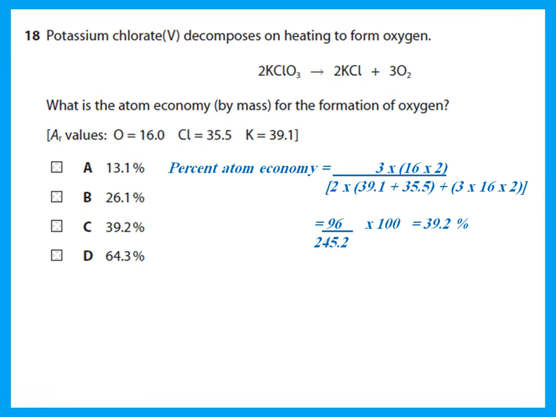So here I have 3 oxygen, so it is 3 times 16 times 2. That is the MR of the product I'm looking for. Now, over the total mass, so that is 2 times the MR of KCl plus 3 times the MR of O2. So this percent economy is 39.2.